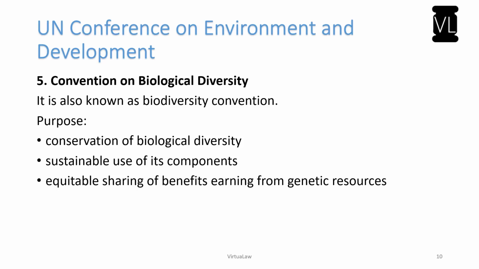So there are many biodiversity parks which have been developed. Even Hyderabad is one such hub, where a biodiversity park was inaugurated by the then Prime Minister Manmohan Singh, and it has been an initiative under the UNCED, United Nations Conference on Environment and Development.